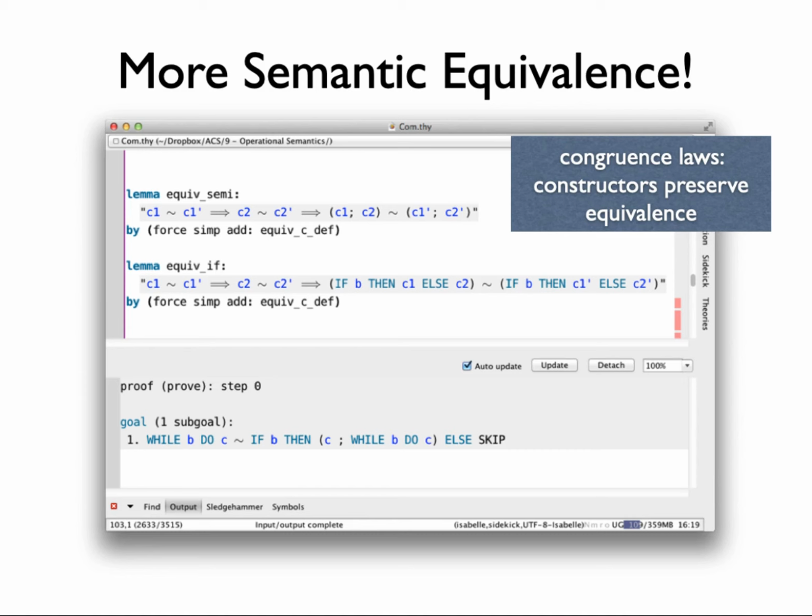And indeed, we can prove this again with a single call. This time we need force. Remember, auto can sometimes leave things. Now, if you ask how do I know whether to use auto, force, or blast? The answer is very simply, try them. Auto is the usual thing people will go for. If you say, oh, it took too long, or it left stuff unproved, then you can try force.